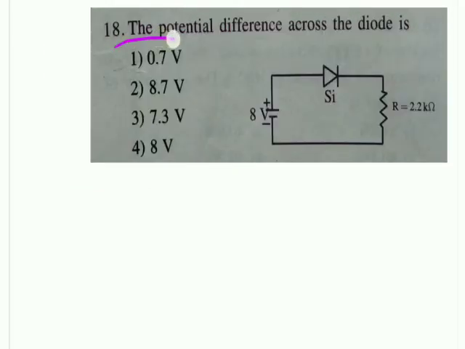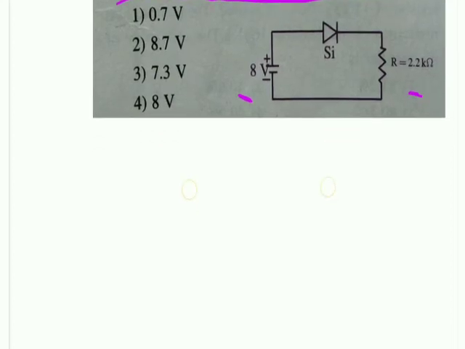18. The potential difference across the diode in the circuit: the potential is 8 volts, resistance 2.2 ohms.